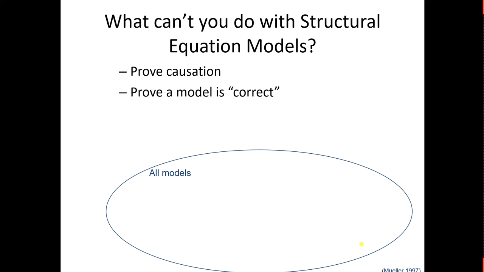Now, here I would stop. What we cannot do with structural equation models. What we can do, I have discussed. So, two things should be very clear.